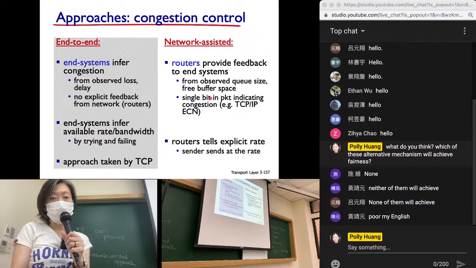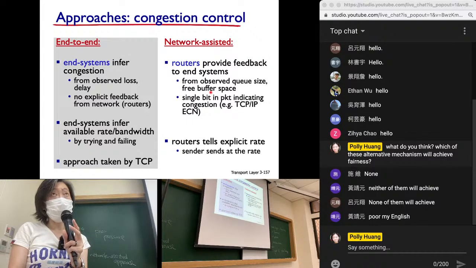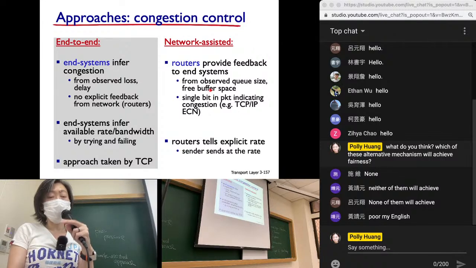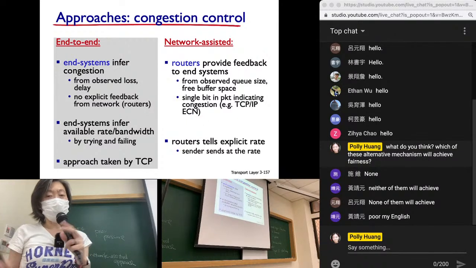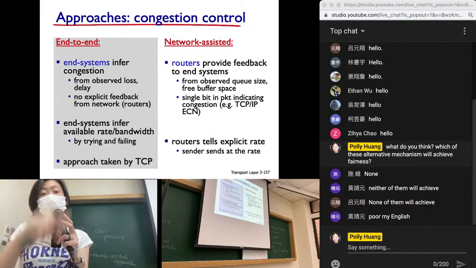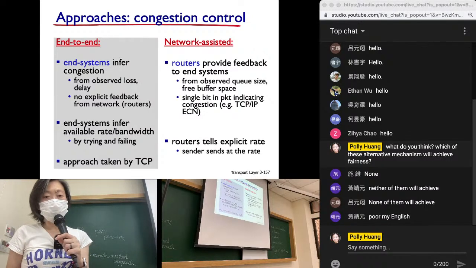So there's usually a single bit or maybe multiple bits in the packet, in the IP layer header, in the network layer header. So in TCP/IP, there are also additional bits at the transport layer to enable slowdown of the traffic accordingly.